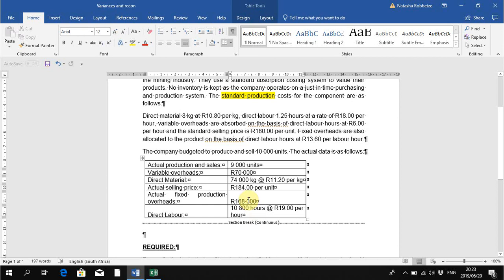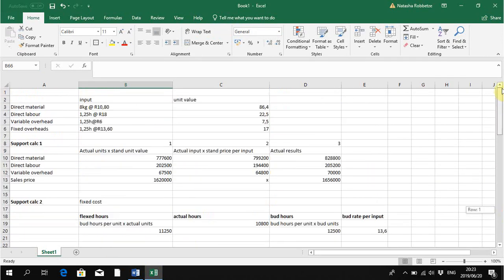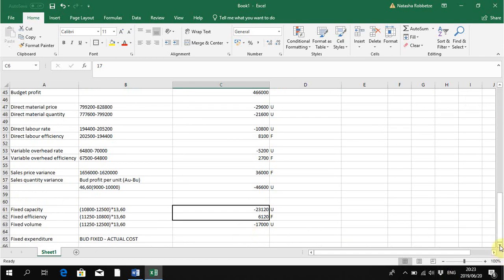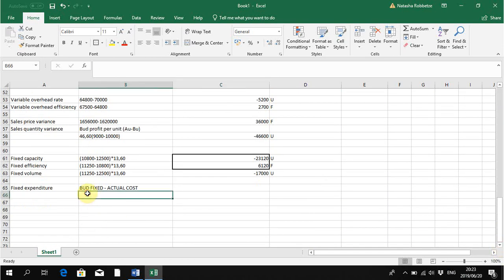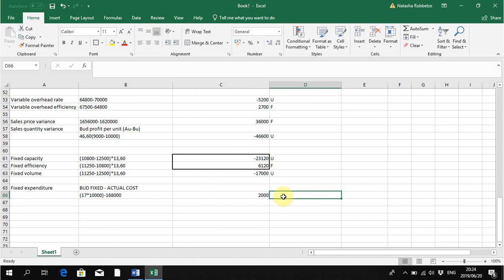So what will be the budgeted fixed cost? What do we have on our cost card? Per unit, the fixed overheads is 17 Rand. And how many budgeted units do we have? So the budgeted fixed cost will be the budgeted 17 Rand times the budgeted units minus the actual of 168. If you do that calculation, you should get a positive 2,000, which is favorable.